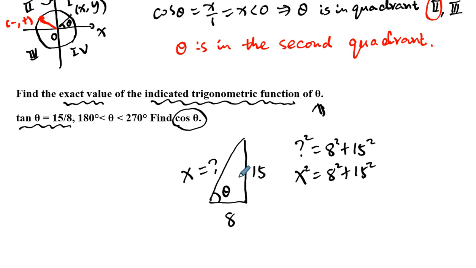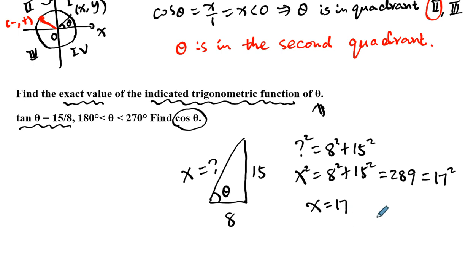By using a calculator, 8 squared plus 15 squared gives us 289. 289 is which number squared? 17 squared. So then we have x is 17.